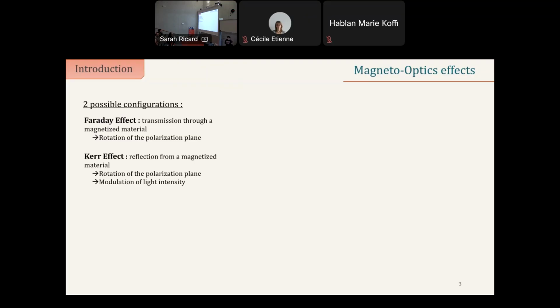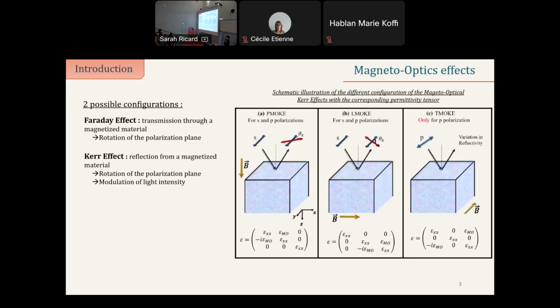So this Kerr effect is really interesting for us, and we have different configurations. For each configuration, we have a different direction of the magnetic field B in regard to the magnetic material or the incident plane.